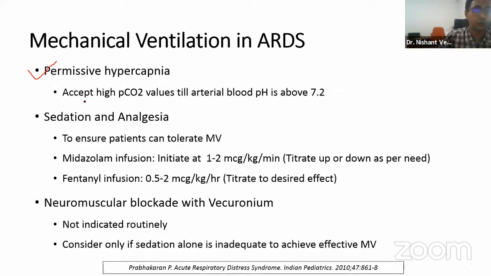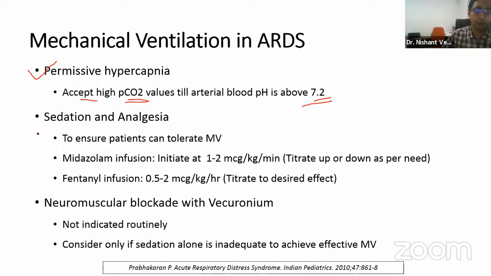So acceptable means you have to accept high PCO2 values, PCO2 of 55, 60, anything is acceptable as long as pH is above 7.2. So जब तक pH 7.2 से कम नहीं हो रहा है, accept high PCO2 values. Don't keep on increasing settings to achieve a normal CO2, because by doing that you can cause barotrauma and air leak. नहीं तो patient को pneumothorax हो जाएगी अगर आप ideal CO2 के लिए tidal volume को बढ़ाते चले जाएंगे.